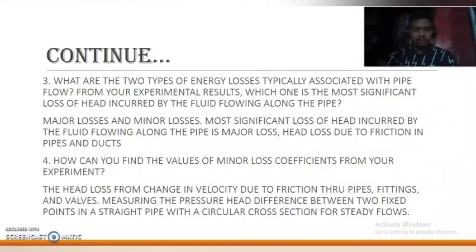So how to measure the minor loss coefficient is by measuring the pressure difference between two points and a straight pipe with a constant cross section for a straight flow. That's how to find the value for the minor loss.